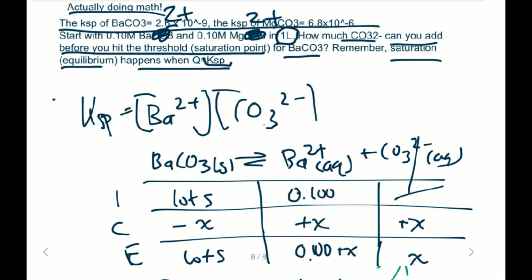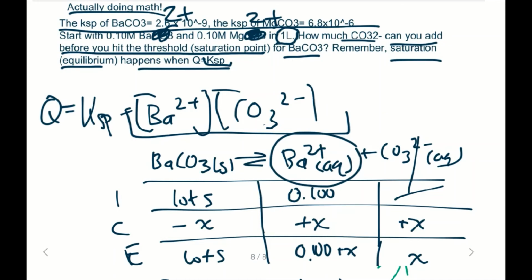So we know that Q is equal to the Ksp in terms of the expression, and it's equal to barium 2+ times carbonate. Now we know that initially we have 0.100 molar of barium and 0 molar of carbonate. So if we multiply these two out, we get that the Q is 0, and since Q is less than K, we know that the reaction will actually go forward.